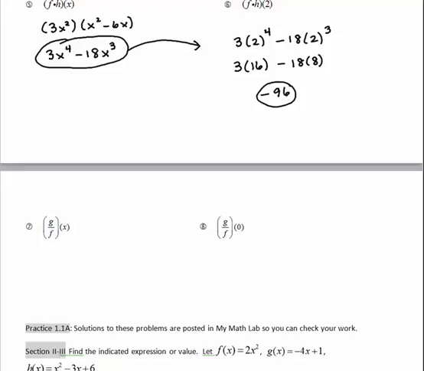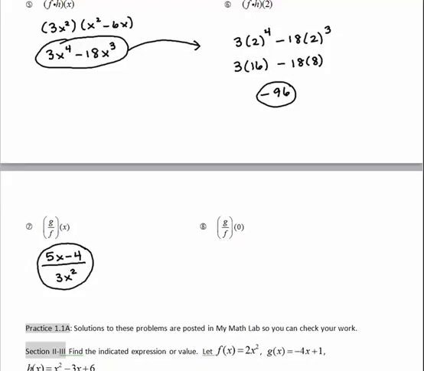All right, last operation. We have division, g divided by f of x. Our g function was 5x minus 4 divided by the f function, which is 3x squared. There's really not much I can do to simplify that, so I'm simply going to leave that as my quotient function.